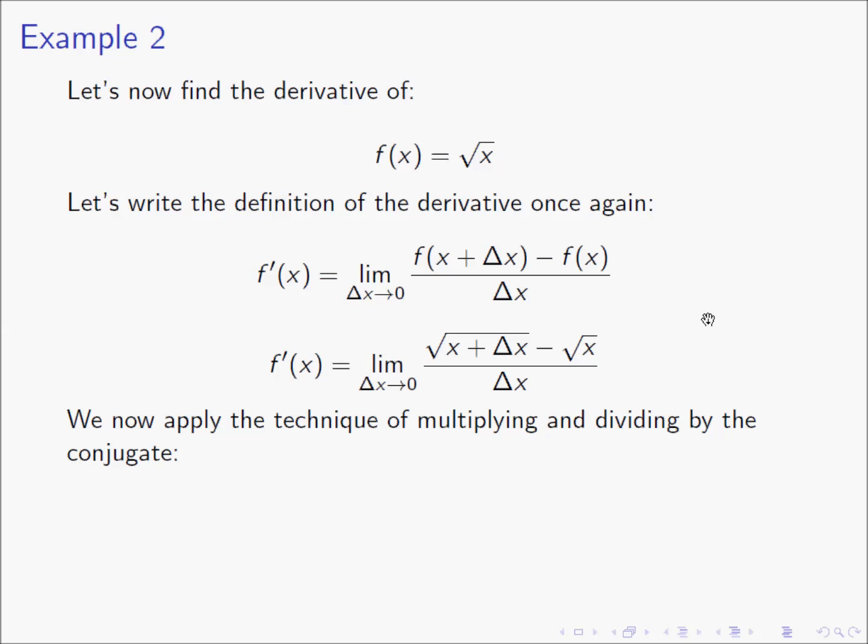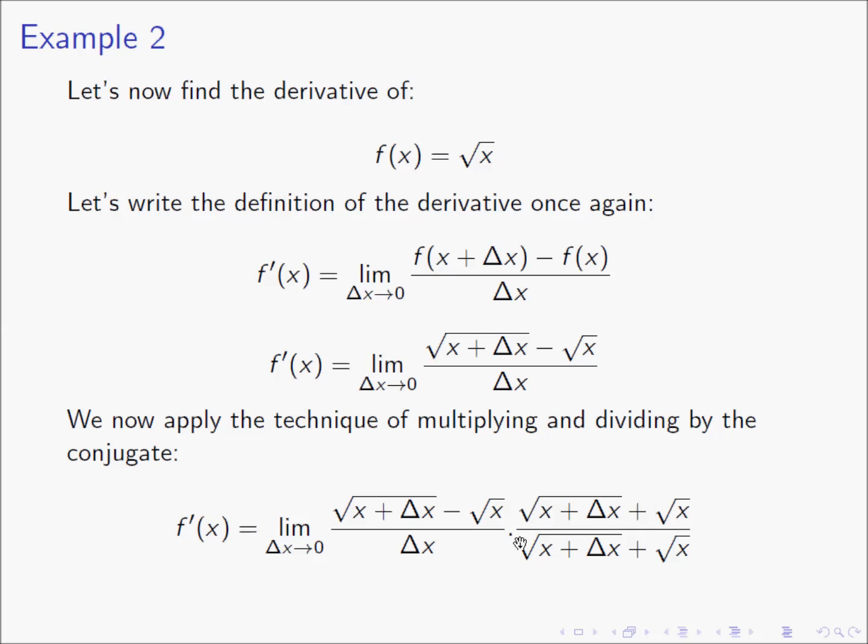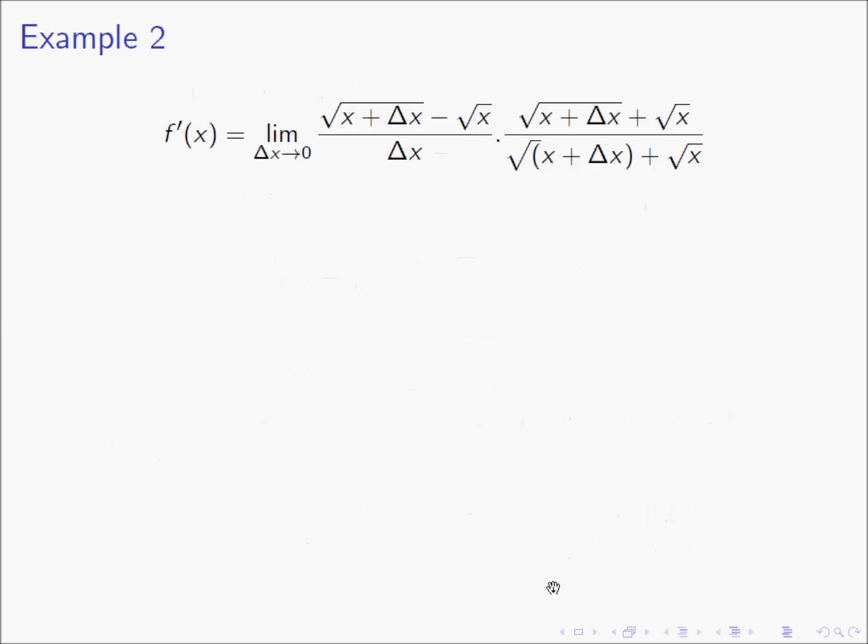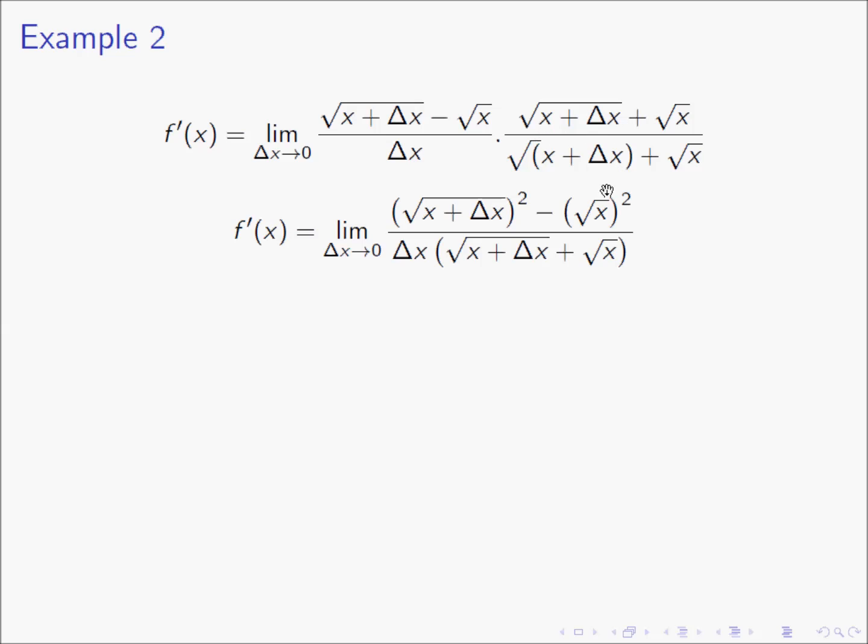In this case, this limit can be solved using the technique of multiplying by the conjugate. So here we multiply and divide by the conjugate of the expression in the numerator. When we multiply these two factors in the numerator, we get the difference of the squares of the two factors.